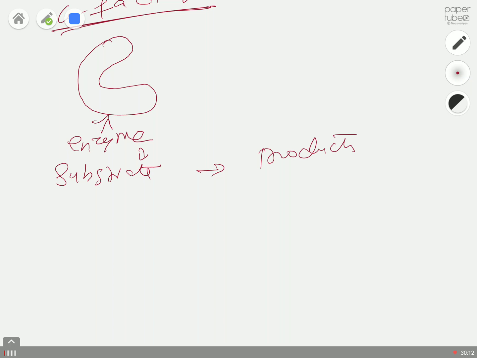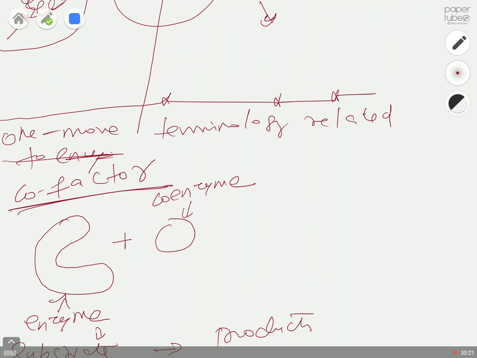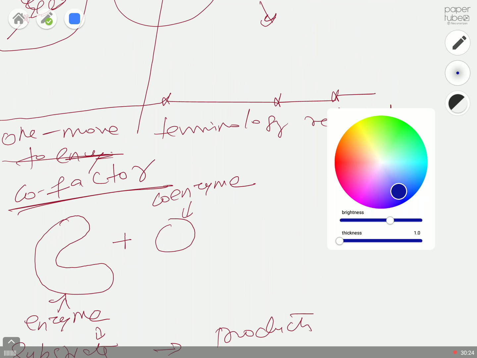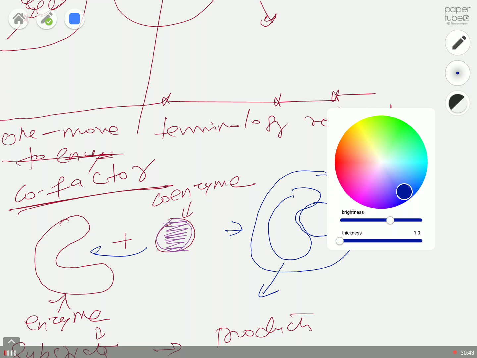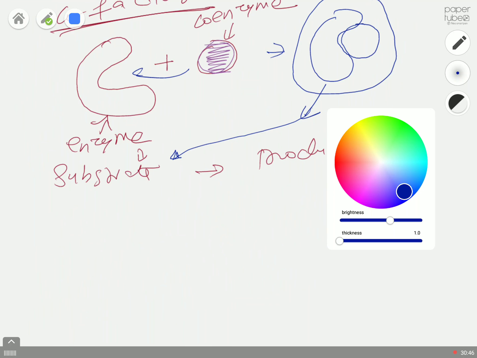But imagine you have one more molecule. We call this a coenzyme. Say this is your coenzyme, and when they combine together, the combination of these two can convert your substrate into products.